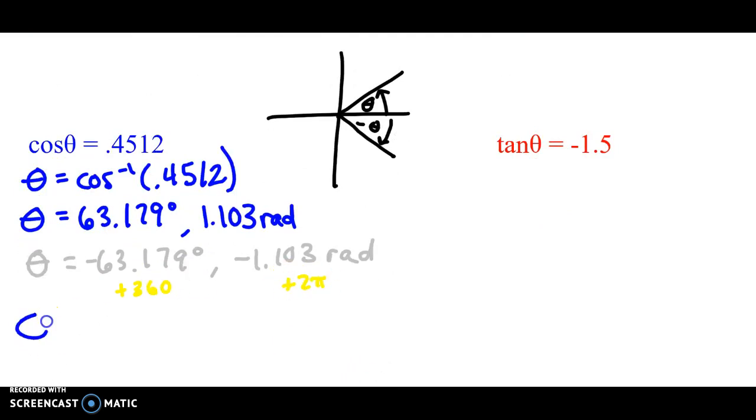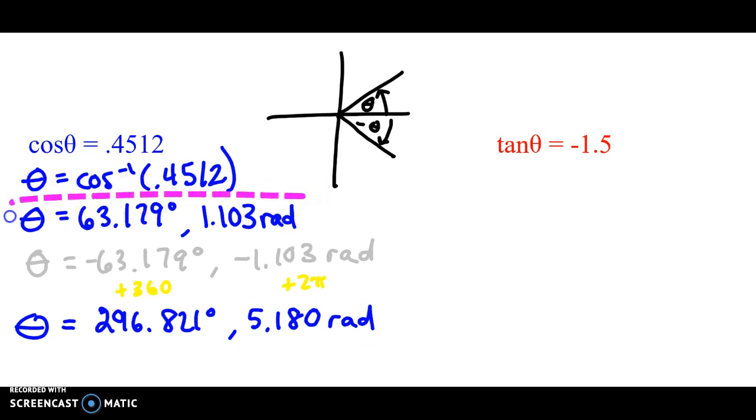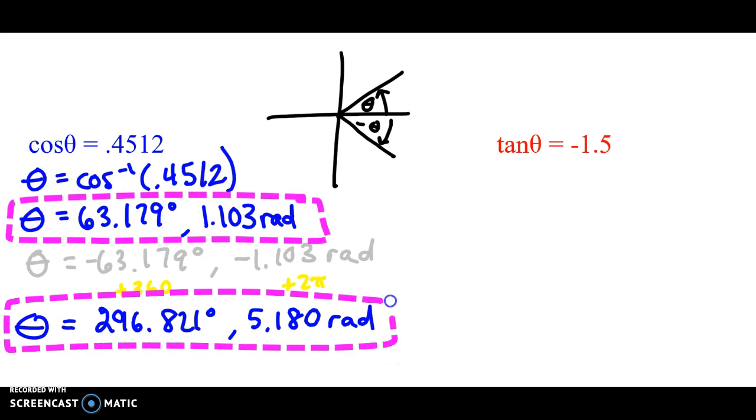So for my other answer, if I do that, I should get 296.821 degrees, and then 5.180 radians, which now are both within my domain.